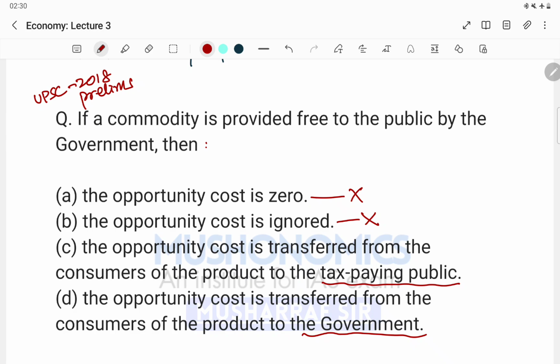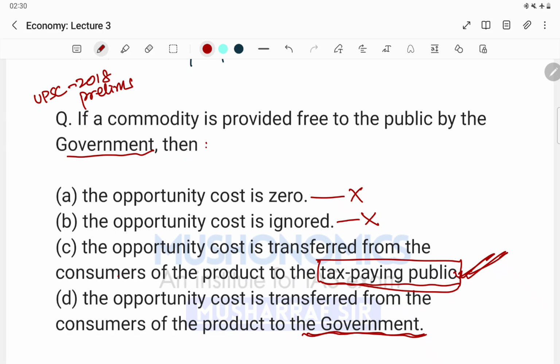Now when we see 'provided free to the public by the government', we tend to choose the option that it is transferred from the consumer of the product to the government. But since the other option is also given, we must ask where the government gets its money. So the opportunity cost is transferred from the consumer of the product to the tax paying public, because the government is taking money from whom?